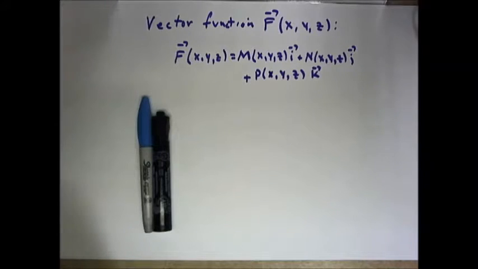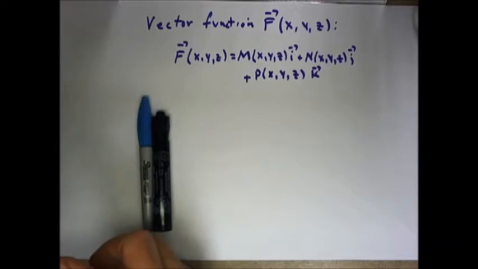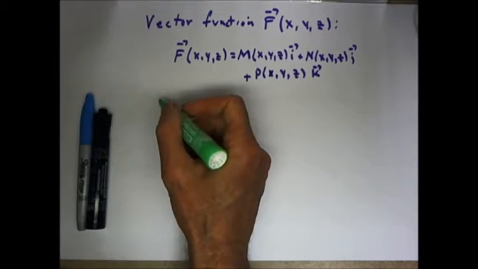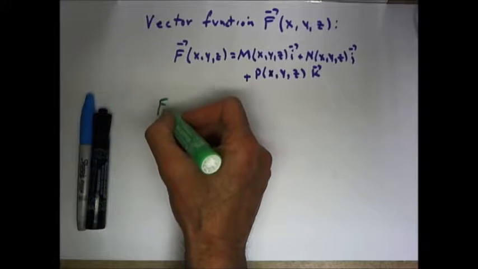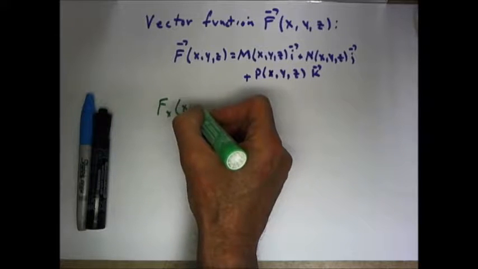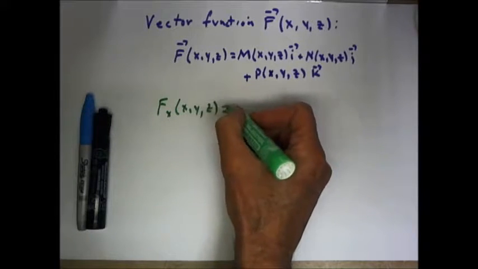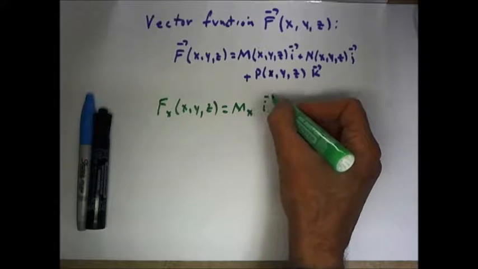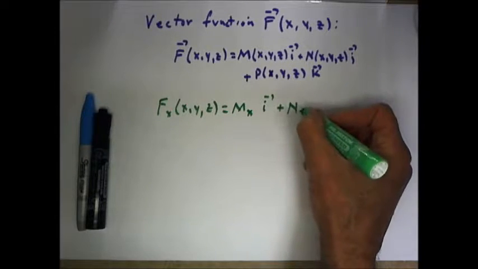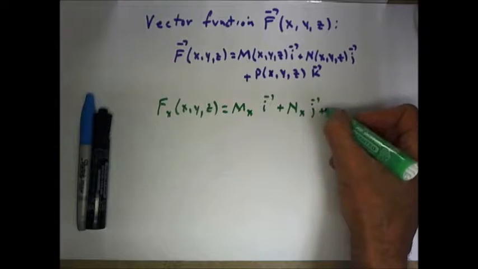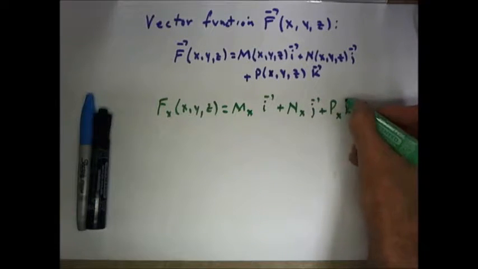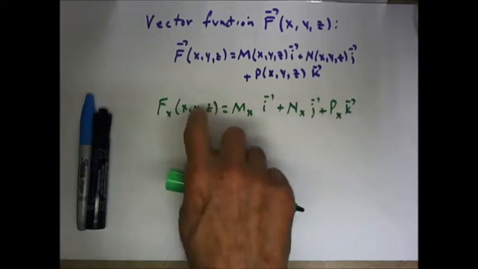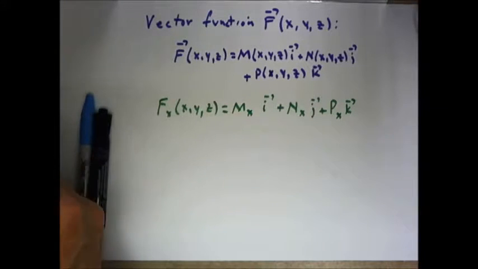Without going into complete detail related to definitions of a vector and so forth, we can simply say that, for example, fx of x, y, z equals mx times i plus nx times j plus px times k, where mx, nx, and px are evaluated at x, y, z.